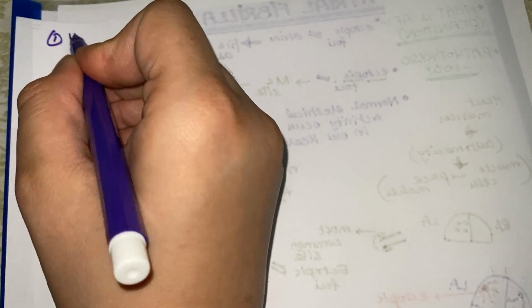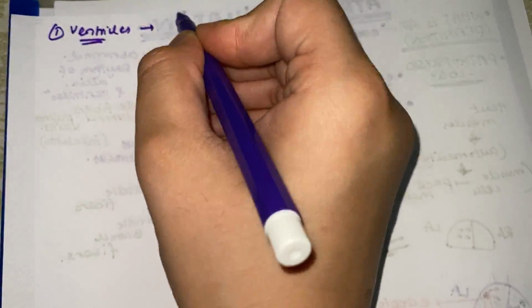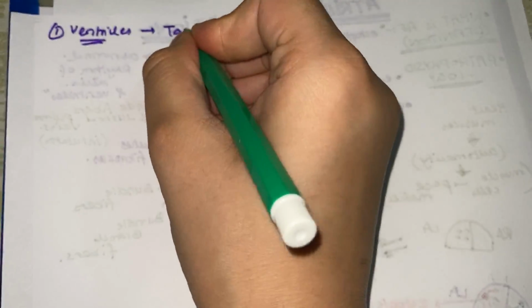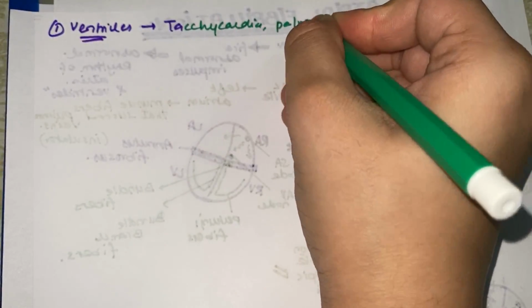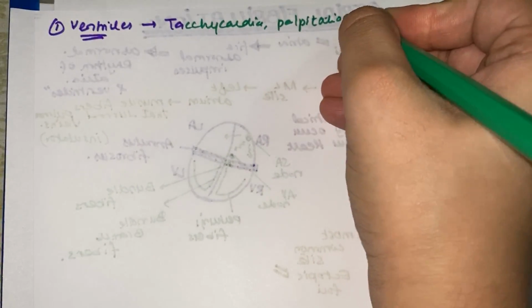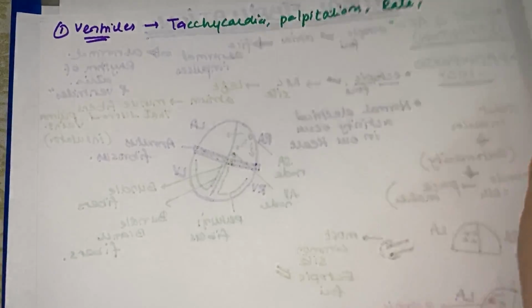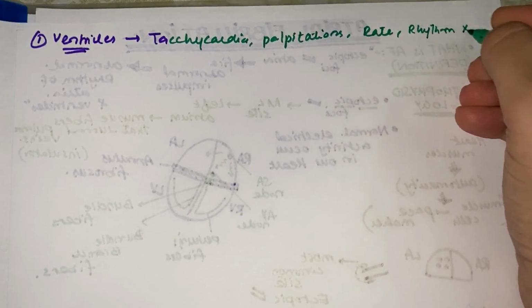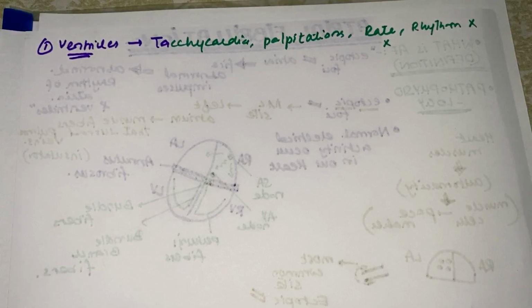Because of it, the clinical features can be tachycardia, palpitations can occur in the patient, and the heart rate and the rhythm of the heart will be abnormal. So these are the clinical features which will be seen in a patient of atrial fibrillation.